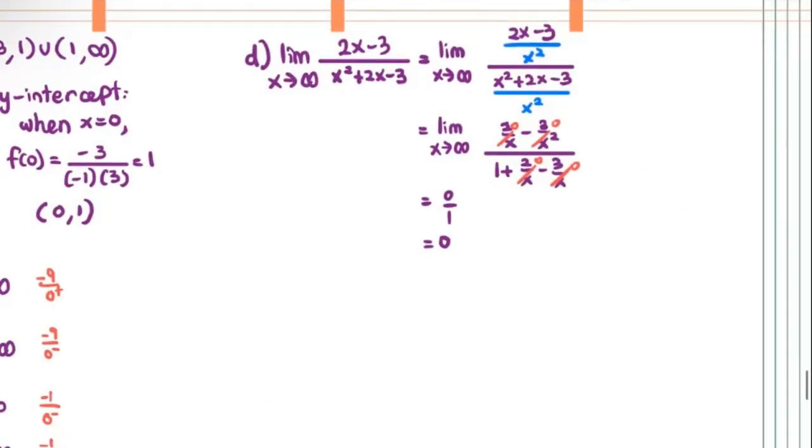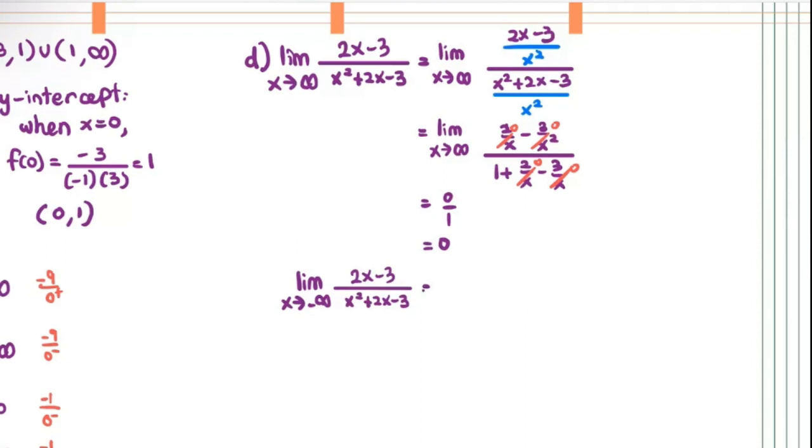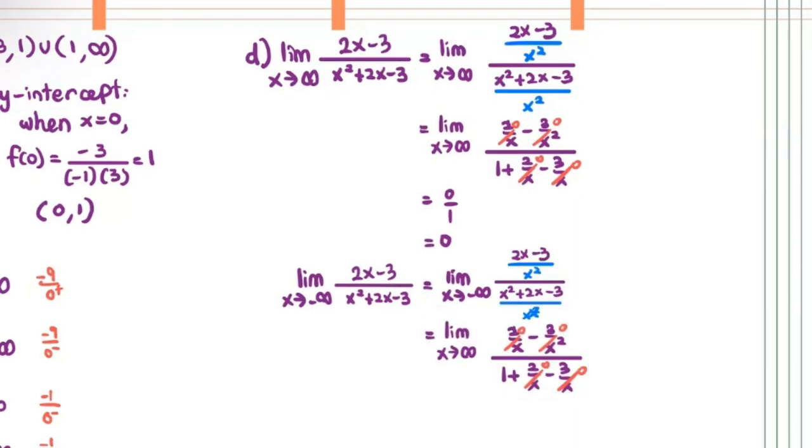So now you are going to do for limit as x approaching negative infinity pula. So here will be equals to the limit as x approaching negative infinity. So still step yang sama. Okay, tetapi kat sini kita ada x approaching negative infinity.